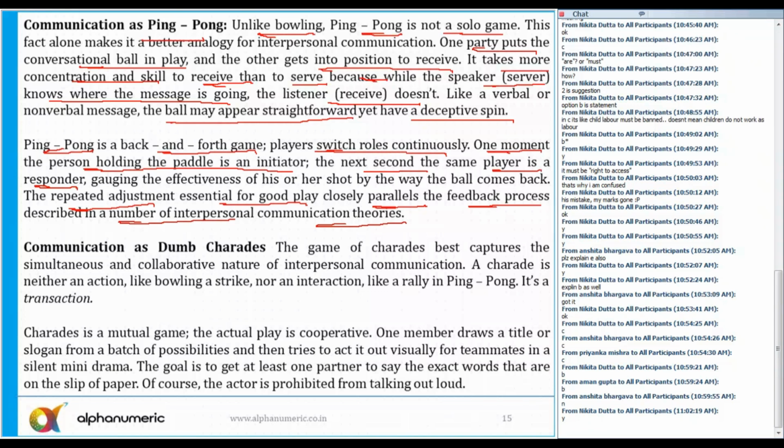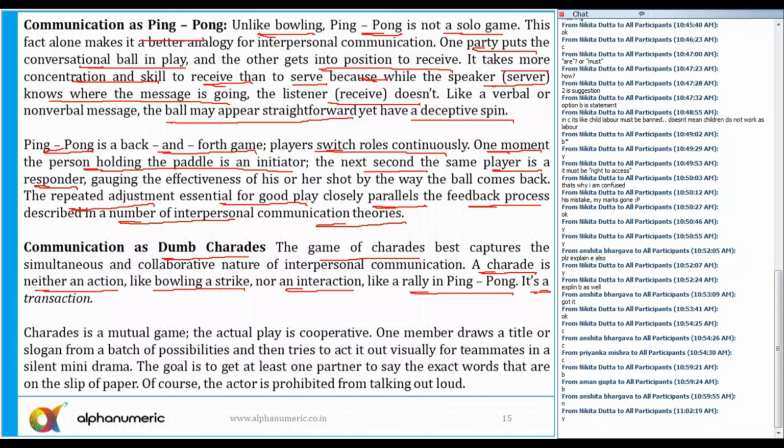The third way in which you can look at communication is as dumb charades. You know the game of charades. Just like we have a game of charades, similarly communication also is like dumb charades. Now what happens in a charade? A charade is neither an action like bowling a strike, nor an interaction like a rally in ping pong.